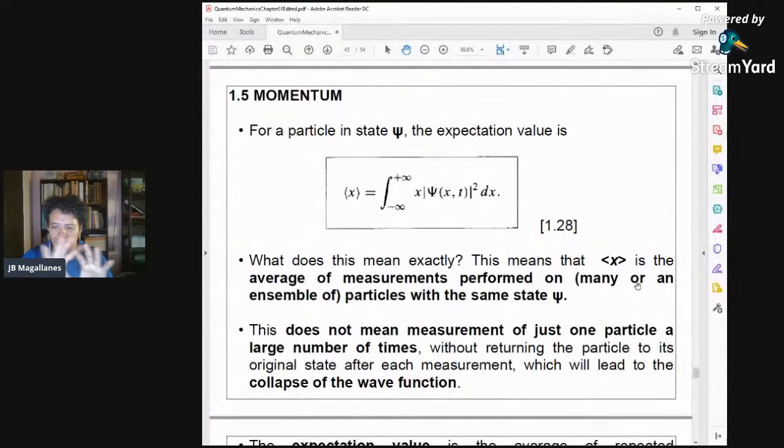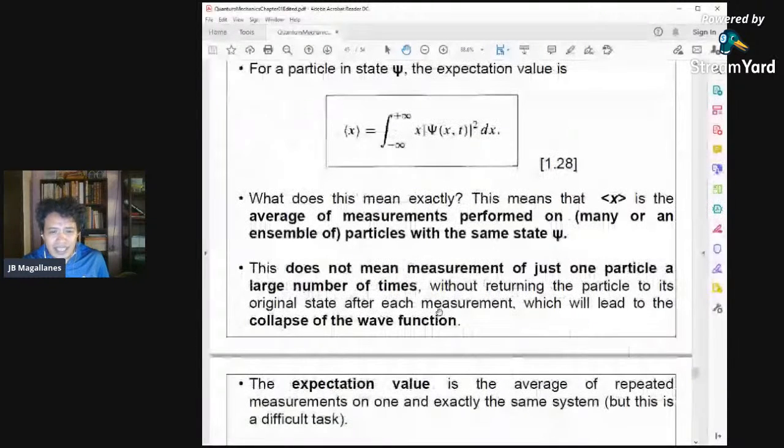So you have to set up, for example, 1 million particles of the same state simultaneously, and then you'll be able to get this expectation value.